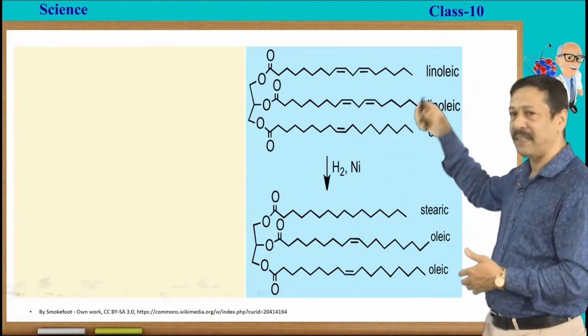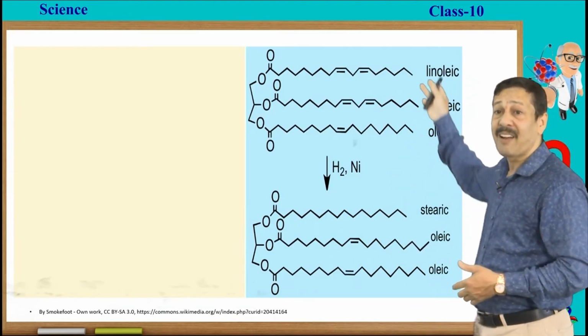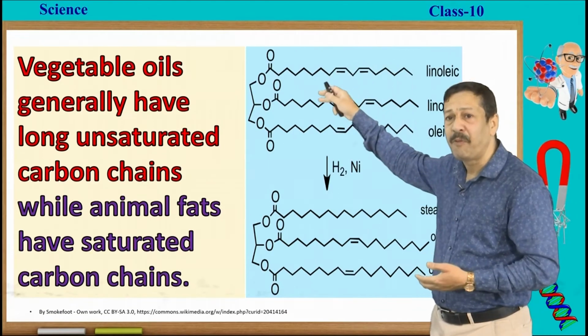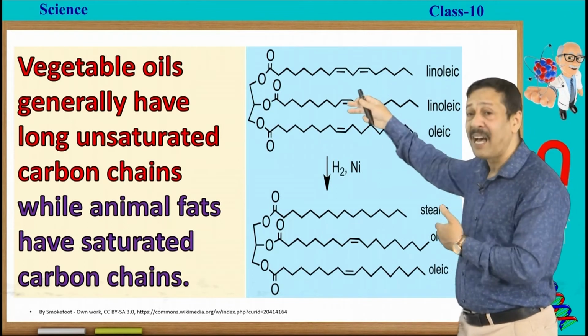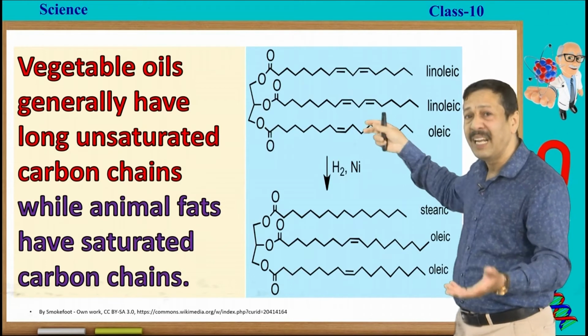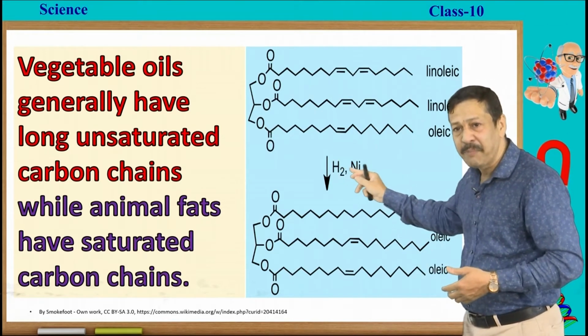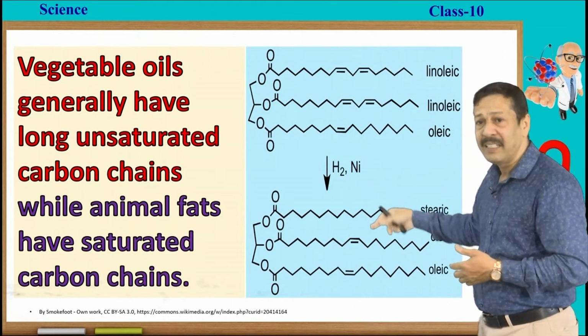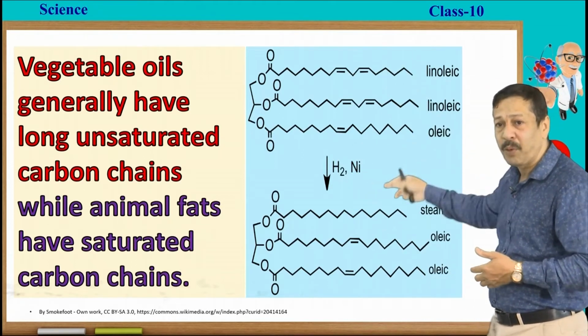What are you observing? These are oils. This is also an example of addition reaction as well as hydrogenation. Here the oils are heated to nearly 200 degrees Celsius in the presence of catalysts like nickel, and hydrogen is added. Then you are seeing the double bonds were broken.